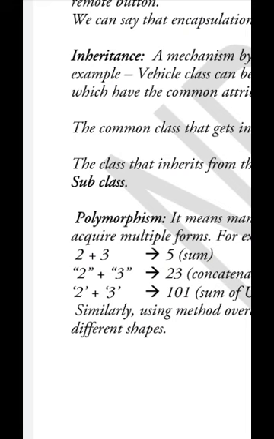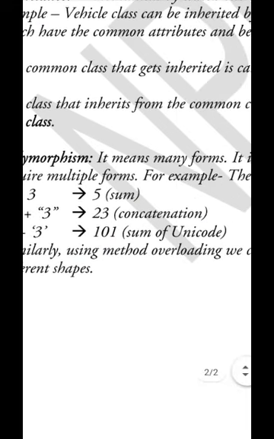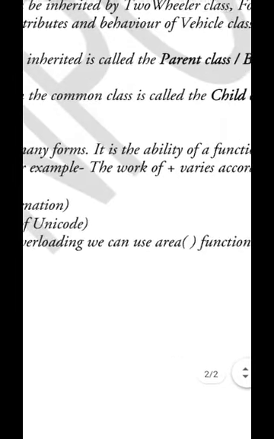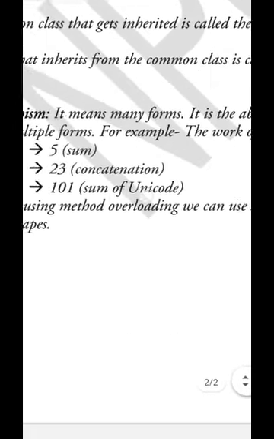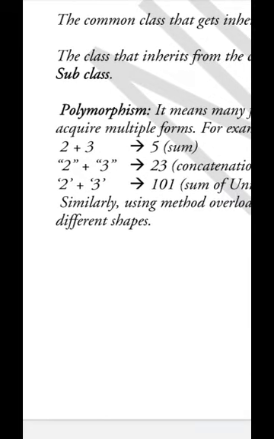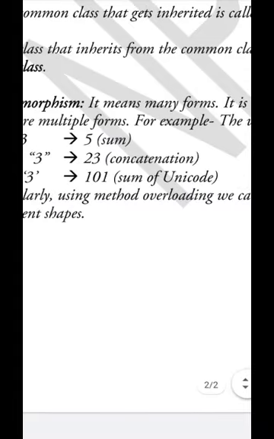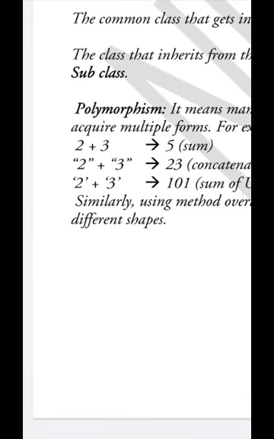One more feature is polymorphism. Polymorphism means many forms. It is the ability of a function or an object to acquire multiple forms. For example, the work of plus. If we use it on numeric or integers, 2 plus 3 gives 5.